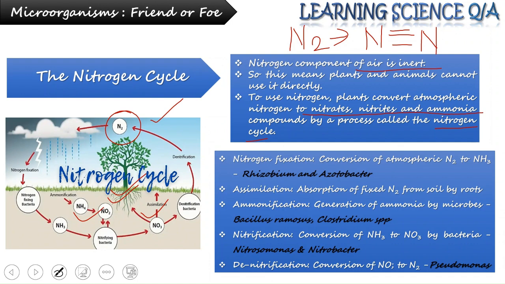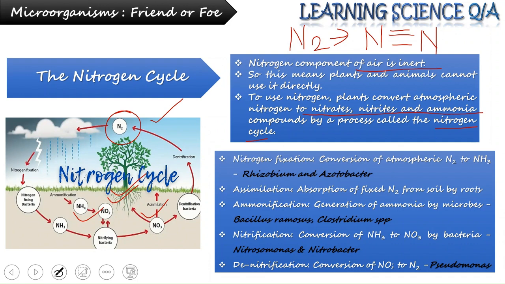Assimilation, which is the absorption of fixed nitrogen from the soil by roots. Ammonification, which involves the generation of ammonia by microbes. This is done with the help of Bacillus and Clostridium species.